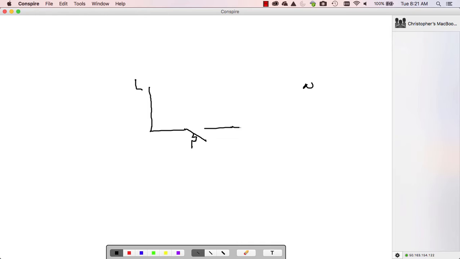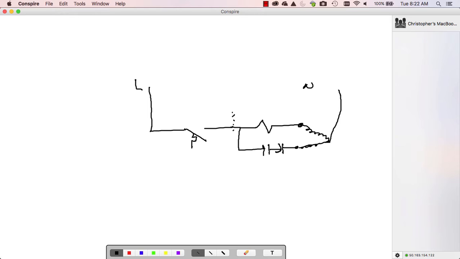I'd come to my motor run winding. I'd come out here to my normally open contact. I'd come out of that to a capacitor. Do my start winding. And then back to neutral.